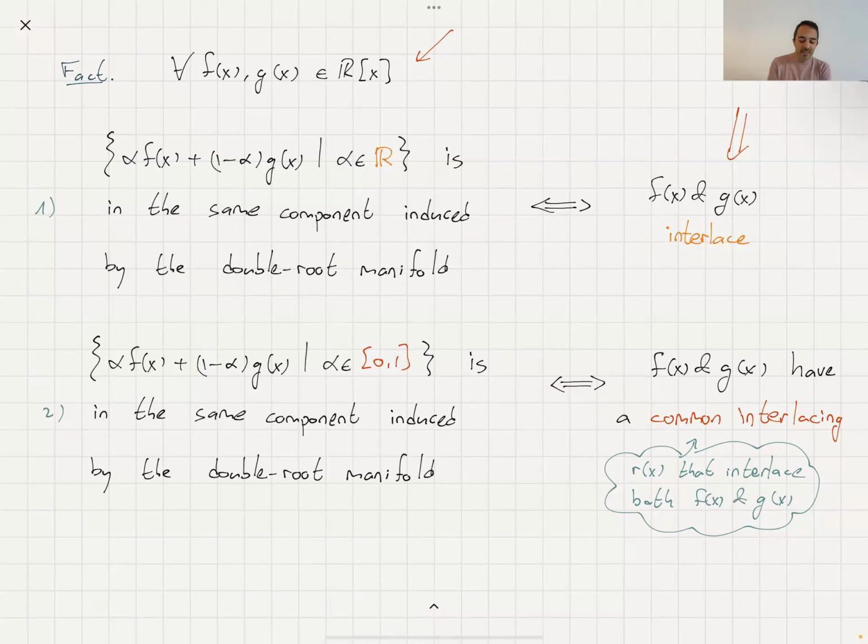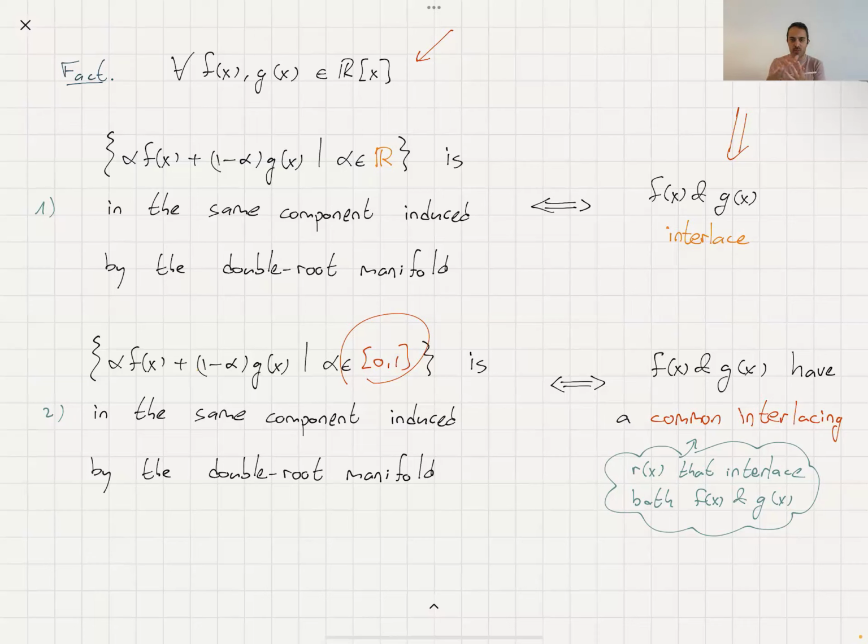And saying that the line segment connecting F and G lies in the same component, which is what we will actually need and what we talked about so far, also has an interpretation in terms of interlacing. The equivalent condition is that F and G have a common interlacing.